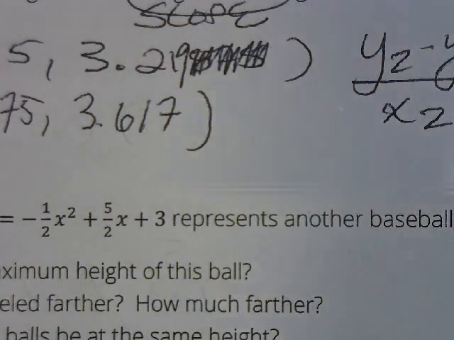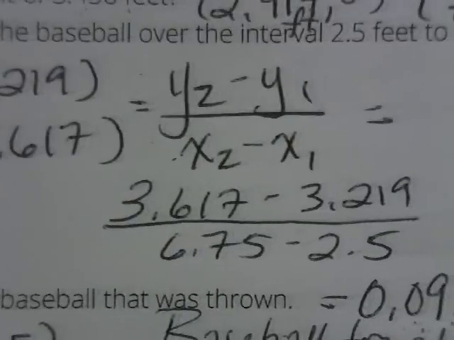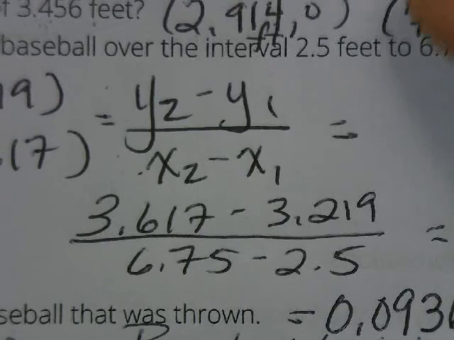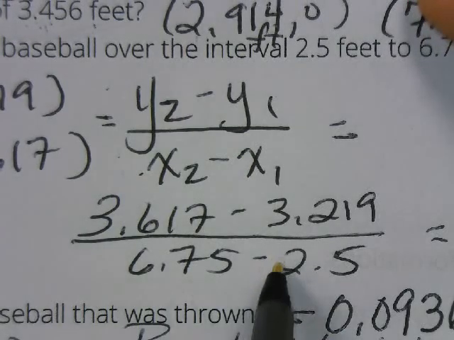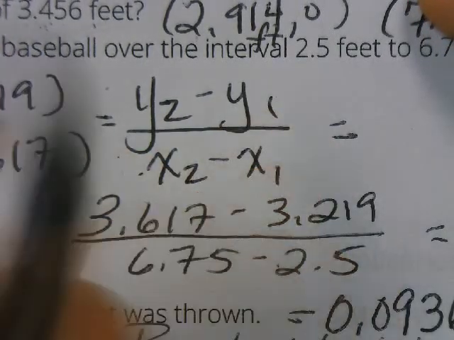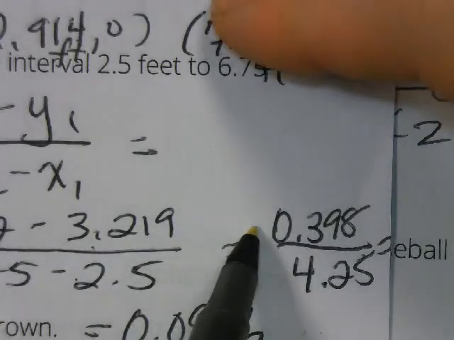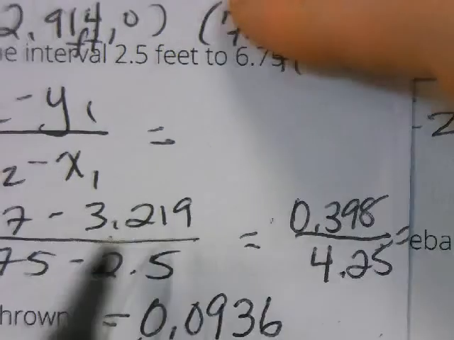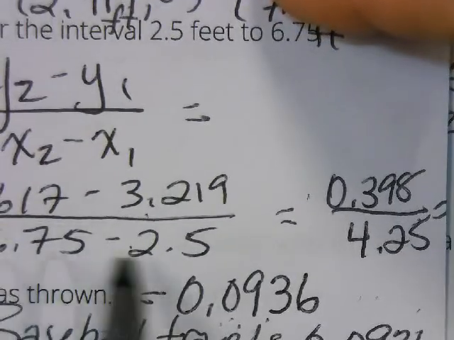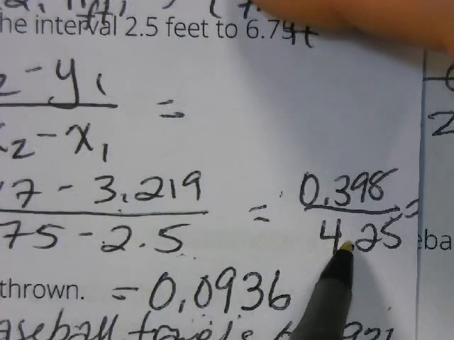And I simplify. So 3.617 minus 3.219 is going to give you 0.398. And then your 6.75 minus 2.5 gives you the 4.25. I use my calculator, divide, and you're going to get 0.0936 or 0.094.